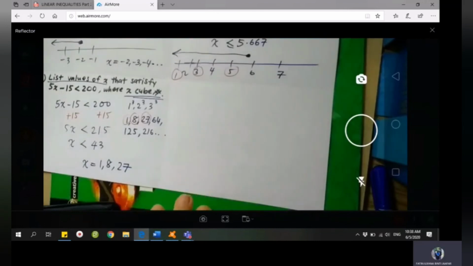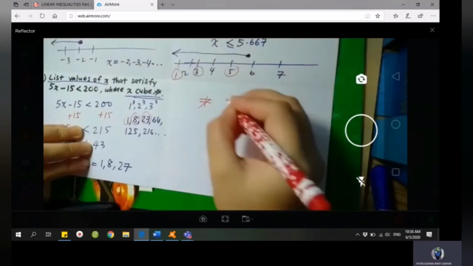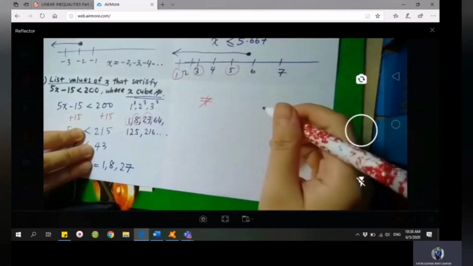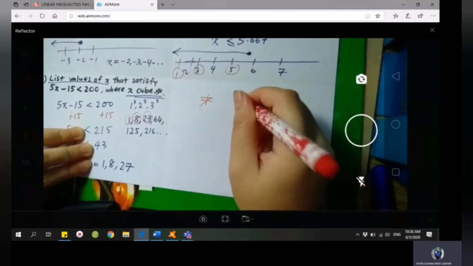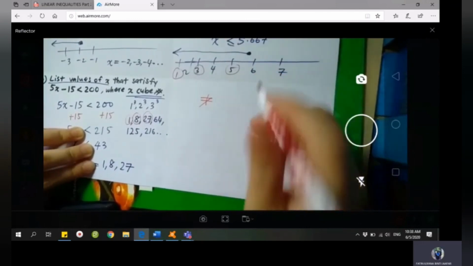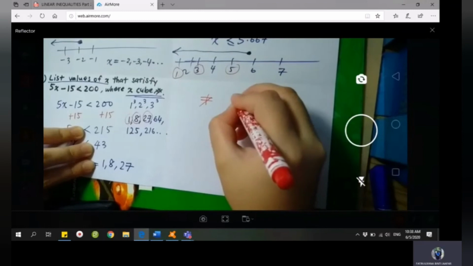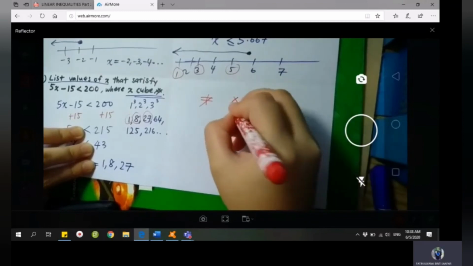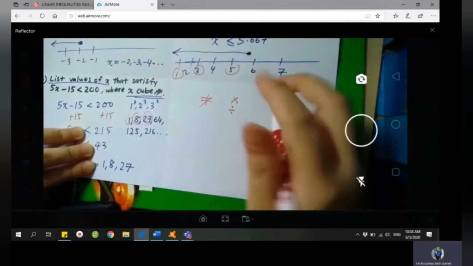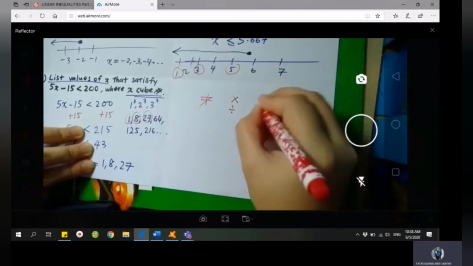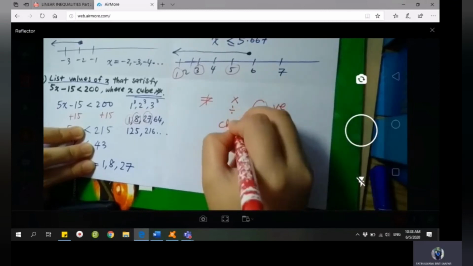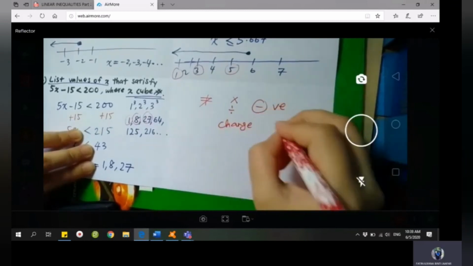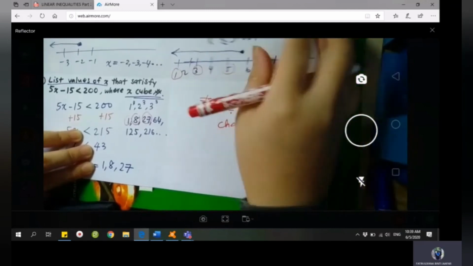Okay, so the important thing untuk linear inequalities ni, you have to remember kalau dia darab dengan bahagi both side tu negative number, baru kita change dia punya sign tu. Okay.